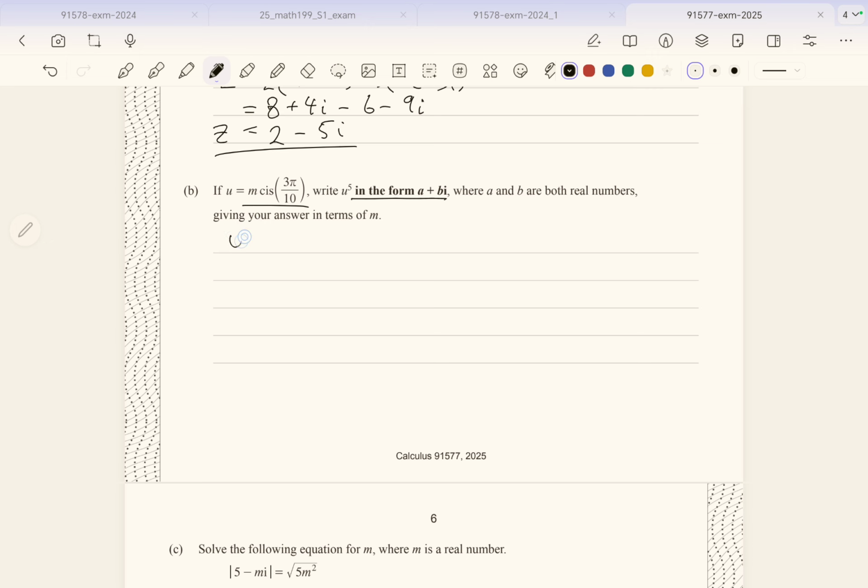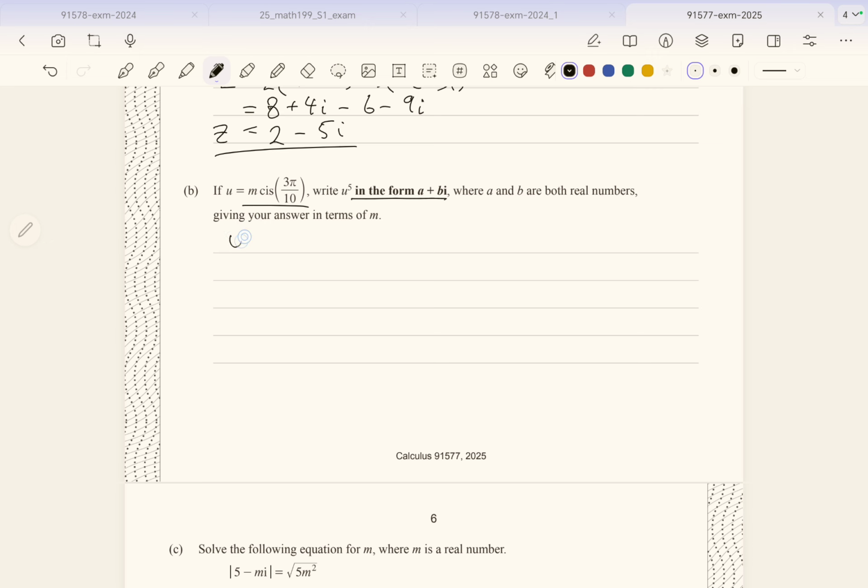Now we have to express this in rectangular form, and so what we can do is just go cosine 3 pi on 2 plus i sine 3 pi on 2.